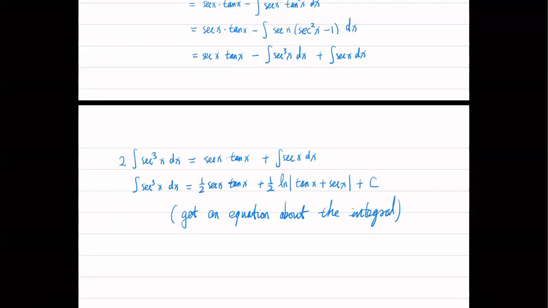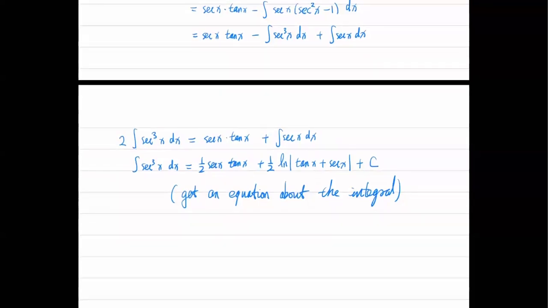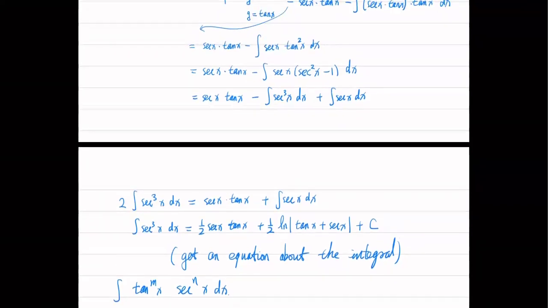Okay, so these are the special cases. Now with this preparation, we can try the general formula. Tangent mx secant nx dx. Let's look at the results we have done before and see which are the easy cases.